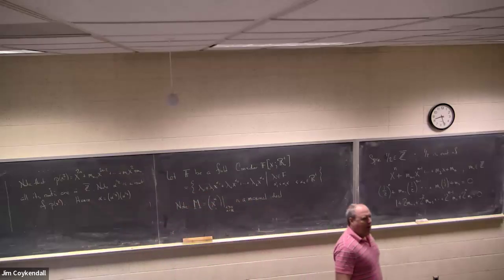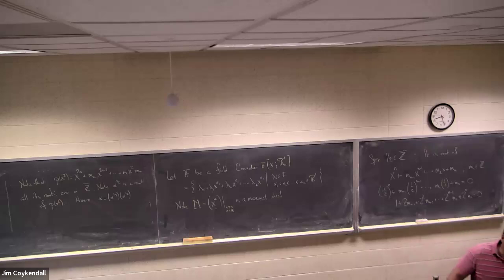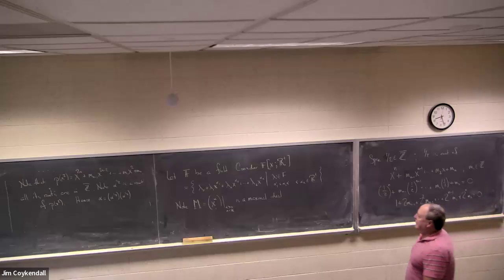Another sloppy way to think about it: these are all the polynomials that give 0 when you plug in x equals 0. This is a maximal ideal because when you mod out by it, you get the field F that we started with. Agreed?